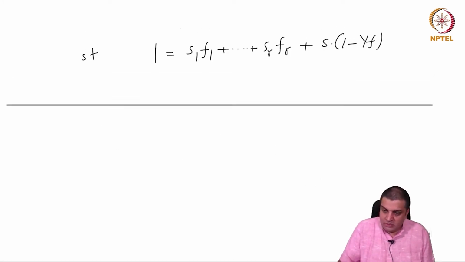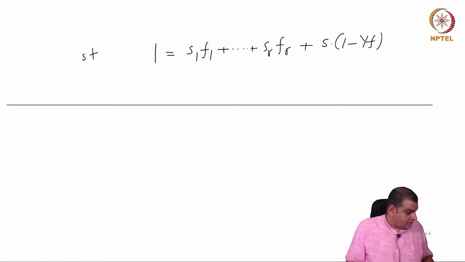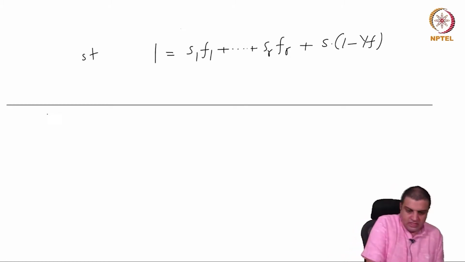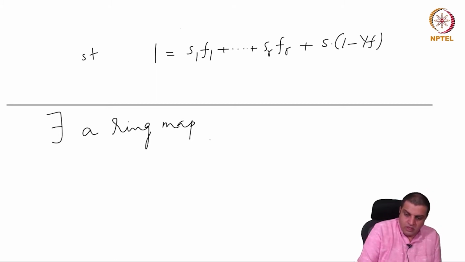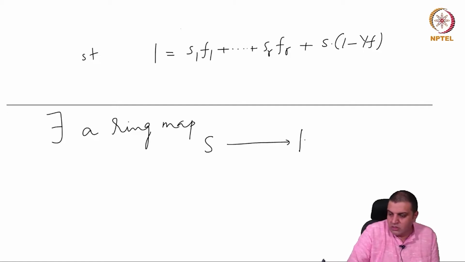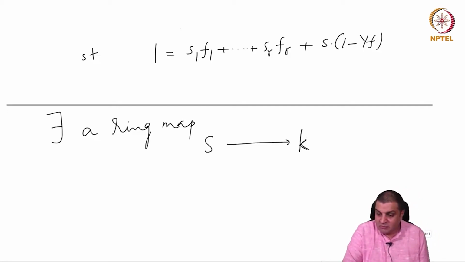So this is all part of the trick. The next step is we consider a ring map from S to some large ring. We can make it more precise after we develop some things, but it's not relevant for the proof.